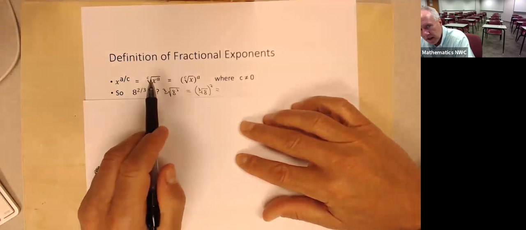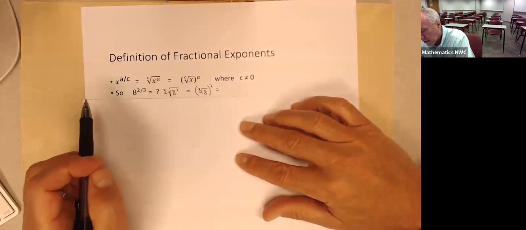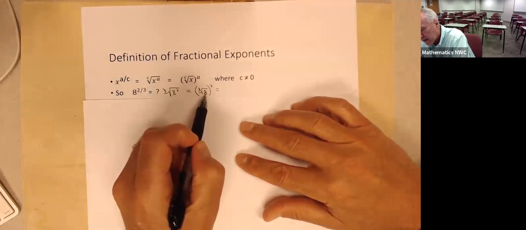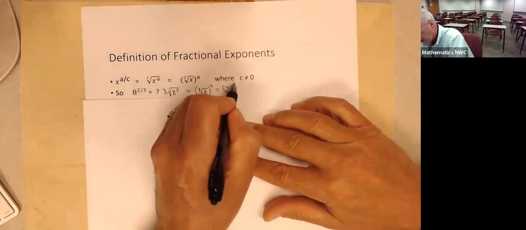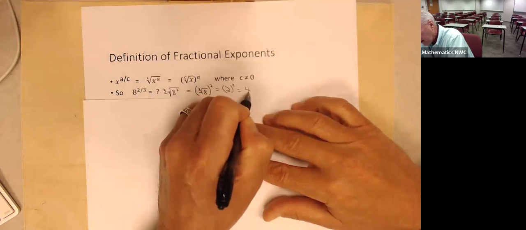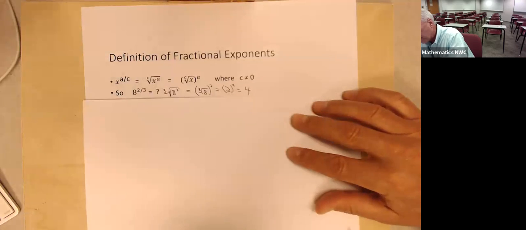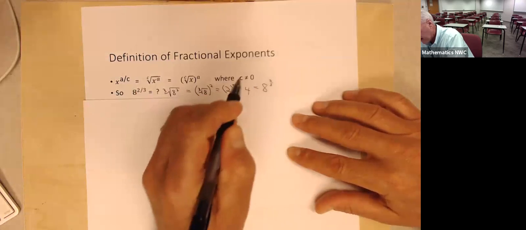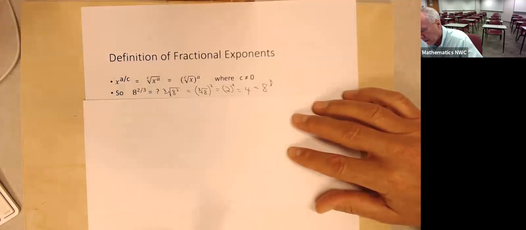I hope that you see I'm using that same definition of that fractional exponent. Well, the cube root of 8 we know is 2 because 2 times 2 times 2 gives you 8. So cube root of 8 is 2, raised to the second power gives me 4 for my answer. So 8 to the 2/3 power has to be equal to 4 using that definition.